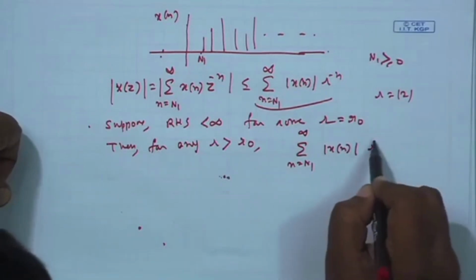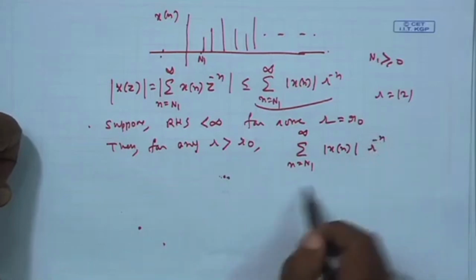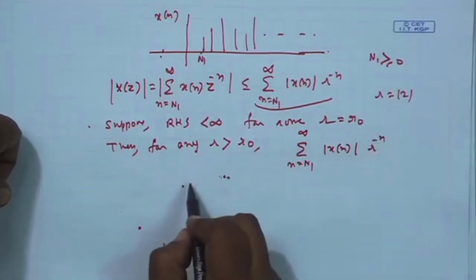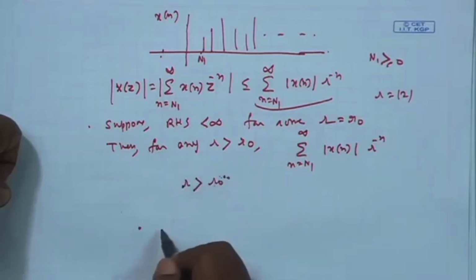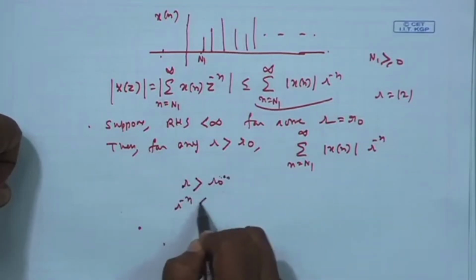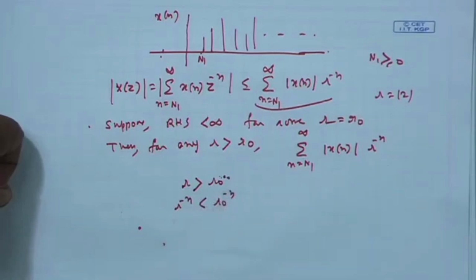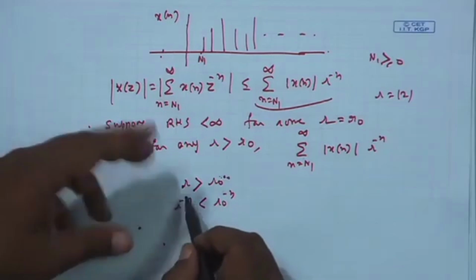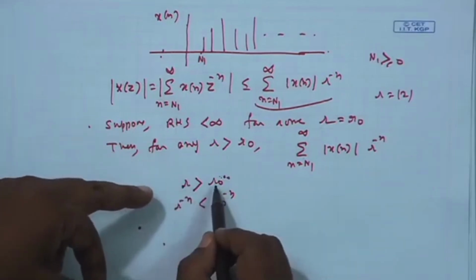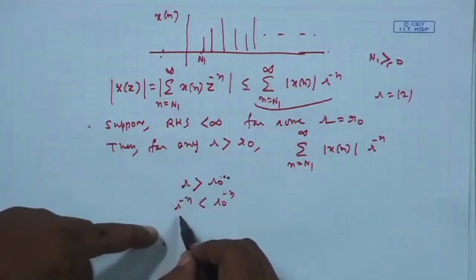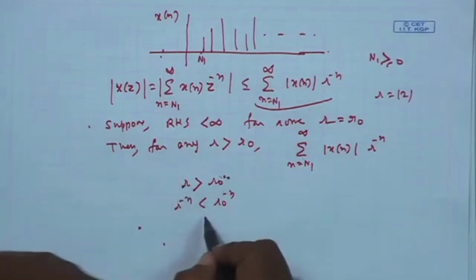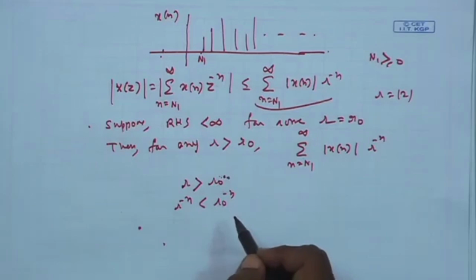In this summation you see r is greater than r naught, which means r to the power minus n is less than r naught to the power minus n. So, r to the power minus n means 1 by r to the power n, that will be less than 1 by r 0 to the power n.